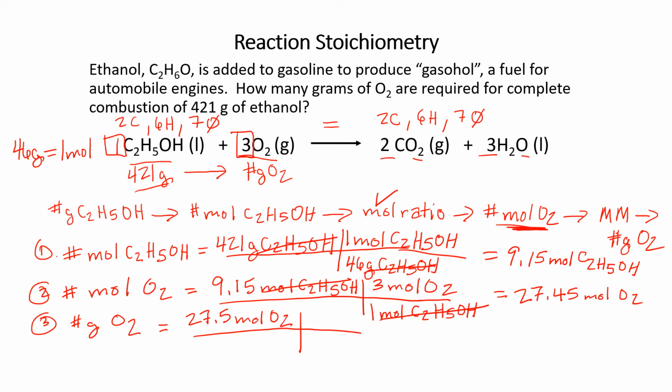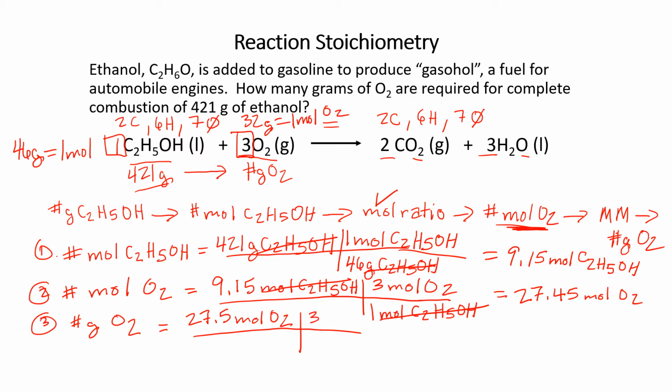Well, I have 2 oxygens, so that's 2 times 16. Molar mass is expressed in grams equaling 1 mole of that substance, right? So 2 times 16 is 32. Well, that's 32 grams that is going to equal 1 mole of diatomic oxygen, okay?